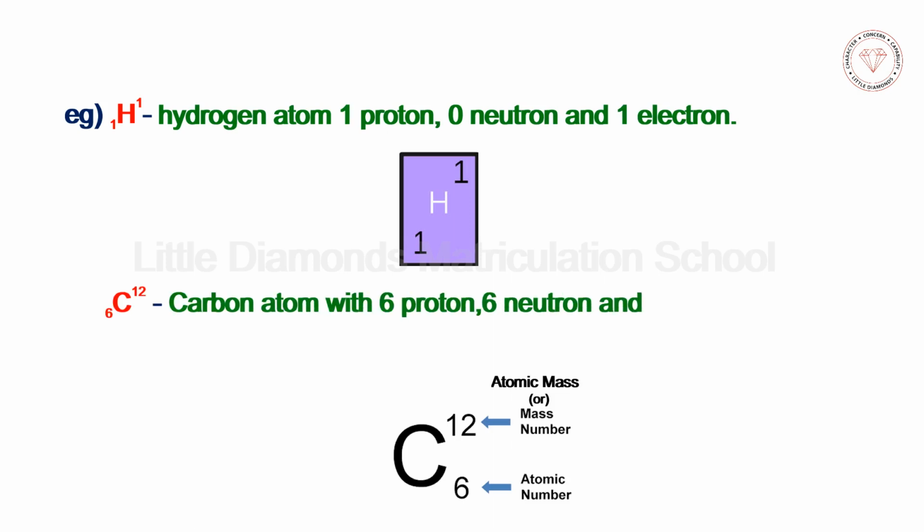C12 indicates carbon atom with atomic number 6 and atomic mass 12. The atomic number 6 indicates that the number of protons and the number of electrons in carbon atom is 6. To find the number of neutrons, the atomic number is subtracted from the mass number. That is, 12 minus 6 gives 6 neutrons.